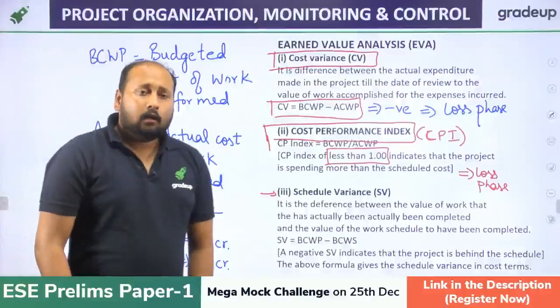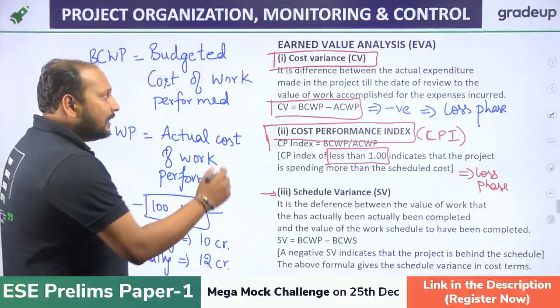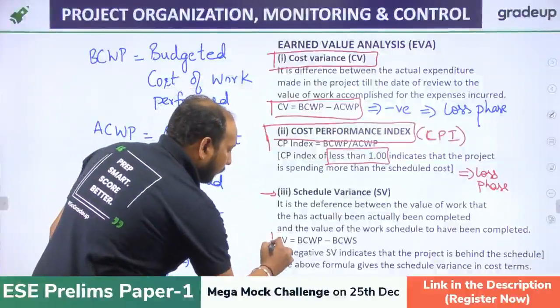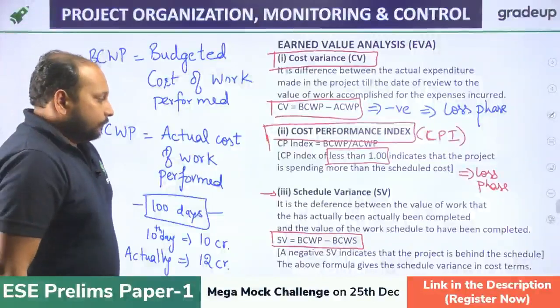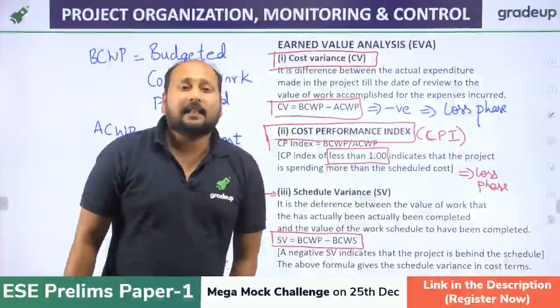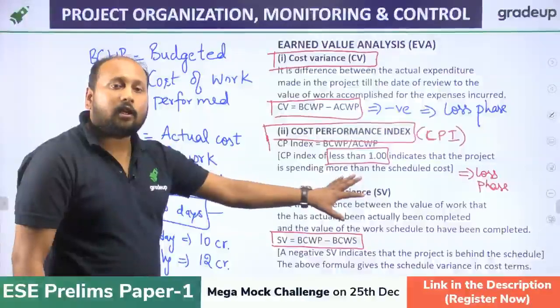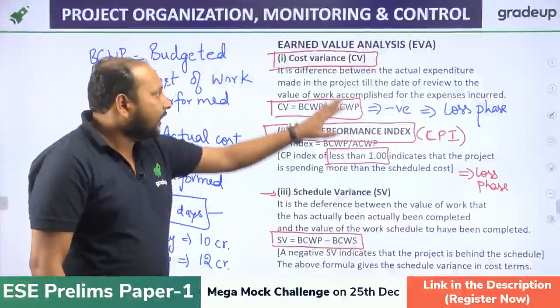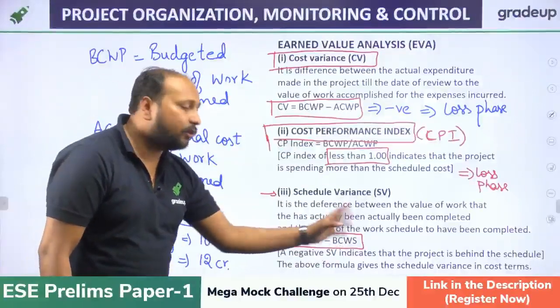Schedule variance is exactly the same, but in this case we are talking about the schedule. In the earlier case we were talking on the basis of the work performed; in this case, we are talking about the schedule.